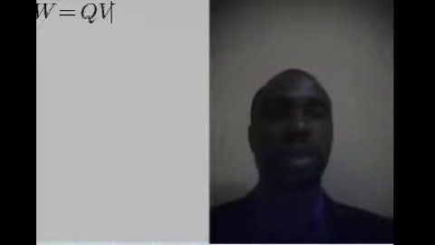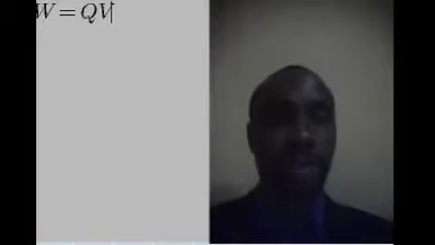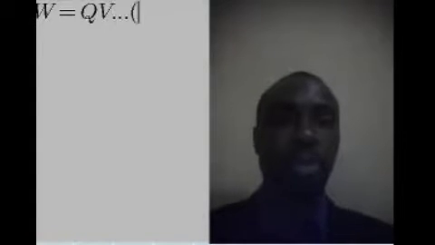We represent work done as W, charge is represented by Q, and potential difference is represented by V. So work done, or electrical energy, is W = QV, the work done in moving charge Q between 2 points of potential difference V. We can call that equation 1.